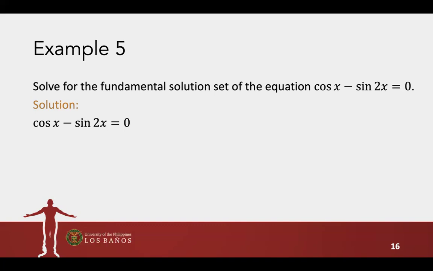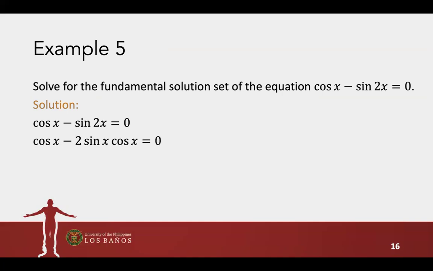We know that sine 2x is just the same as 2 sine x cosine x. So we replace sine 2x with that identity. We now have cosine x minus 2 sine x cosine x equals 0.